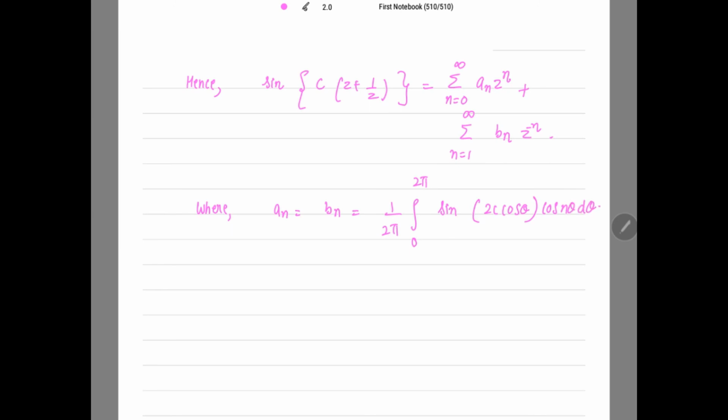So both the coefficients have the same value, which is the required result. Hence the result. Alright, thank you.